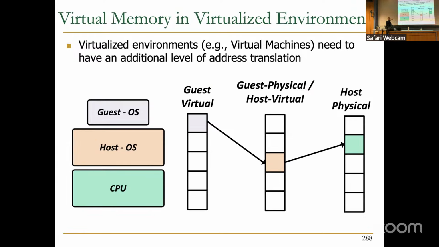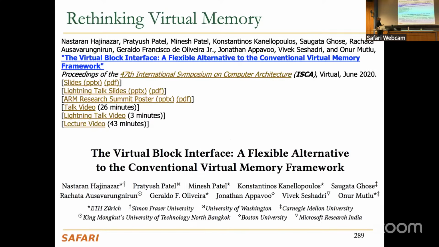The host operating system is using host virtual addresses that get mapped at the end of the line to the main memory. So you need to go through two levels of translation in virtual machines, which makes the address translation process a lot more expensive compared to systems with native execution.